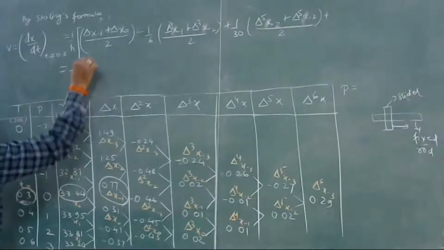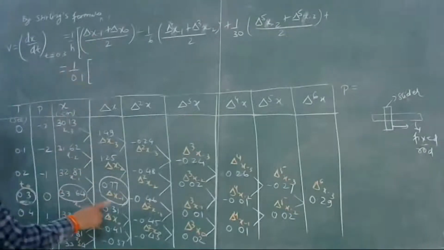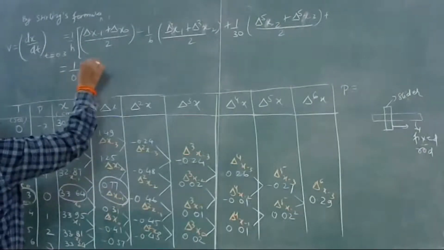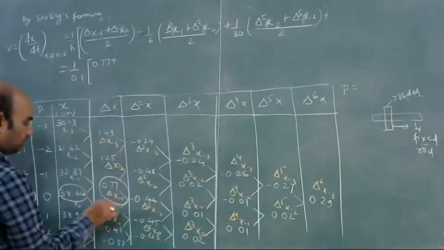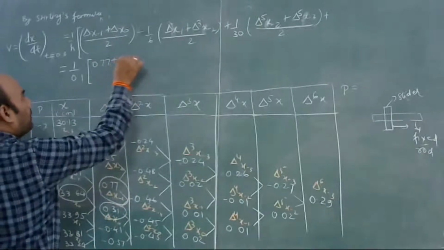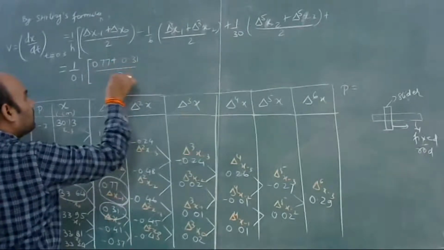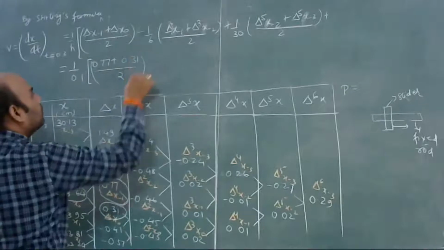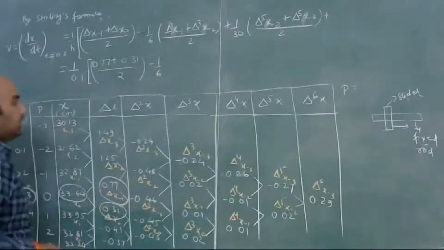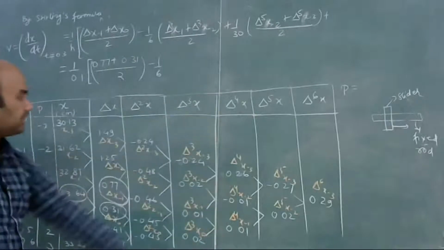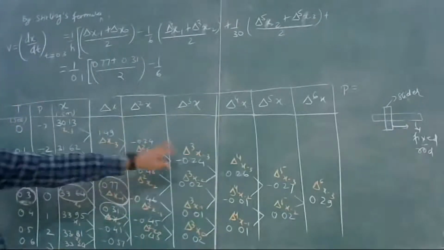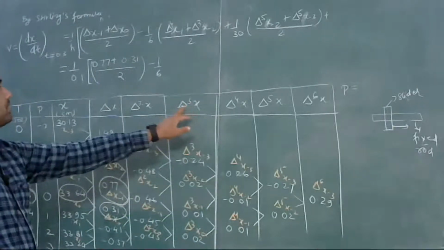Divided by 0.1 into del x minus 1 is 0.77 plus del x naught, which is 0.31. So this value is 0.31 divided by 2, minus 1 upon 6. Then the even differences are absent. Only odd differences are present.